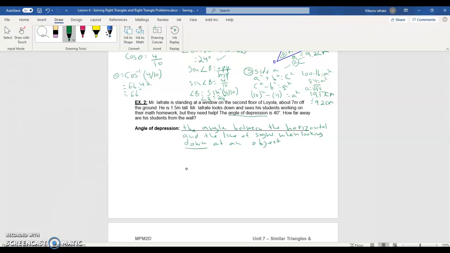So visually, what does that look like? Well, let's say, for example, that there's a person standing on a ledge over here, and that person is looking down. Well, there'd be the horizontal component here, the horizon there, and this is the line of sight looking down. So this is line of sight.